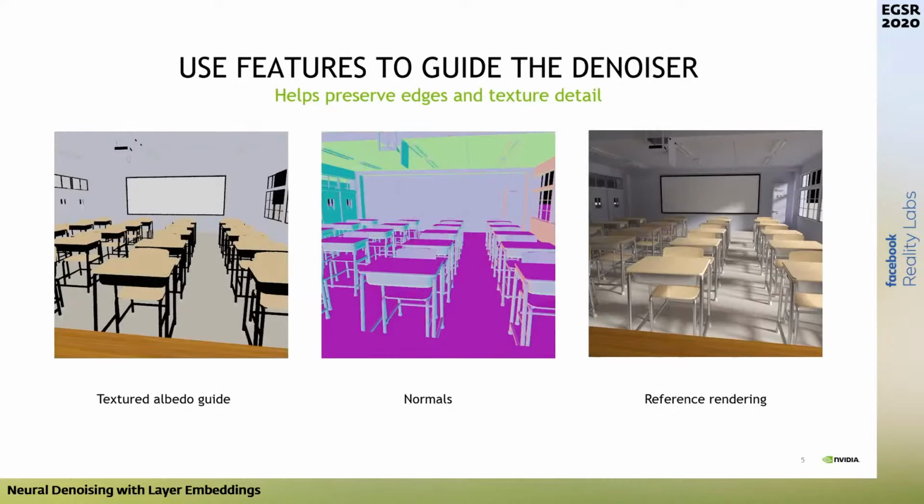If you look at the texture albedo guide to the left, for example, you can see that the high-frequency wood texture is captured there. If you look at the normals, it helps the network to learn where the geometric edges are.